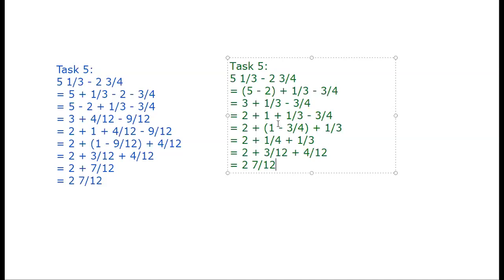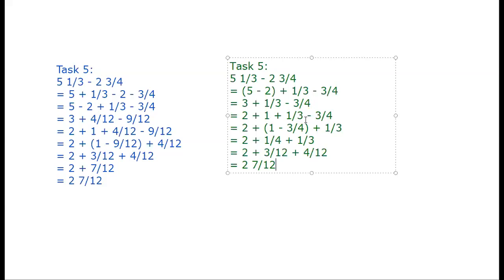What you did in terms of adding these two and then subtracting this is perfectly fine. But if you want to do it orally, quickly, subtracting a fraction from one is always an easier thing to do. So this is another way to tackle subtraction of mixed fractions without getting into improper fractions.